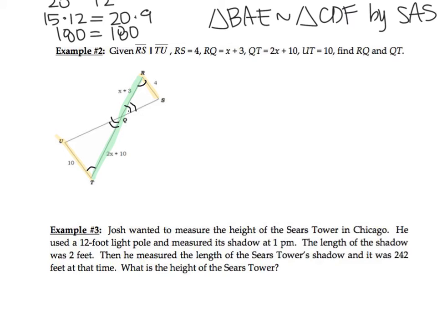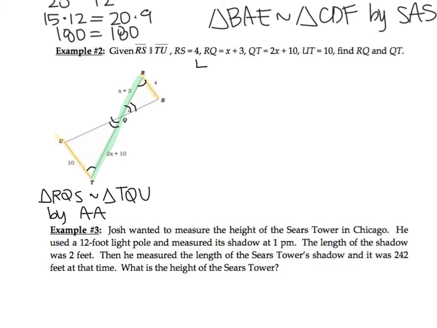So we know that triangle RQS is similar to triangle TQU by angle-angle. And from similarity, we know that the corresponding side lengths will also be proportional. So I can set up a proportion to help us solve for x and then RQ and QT.